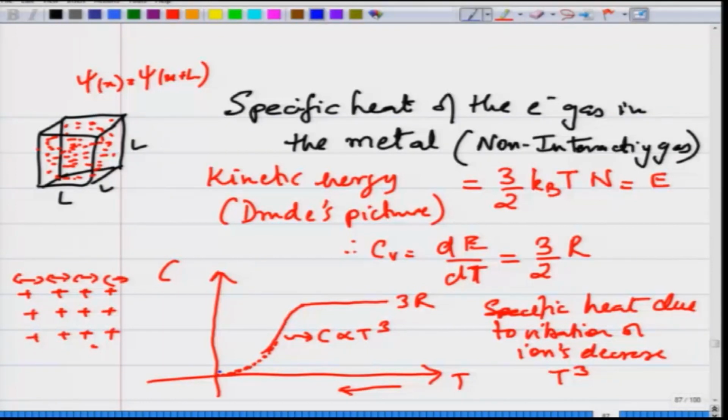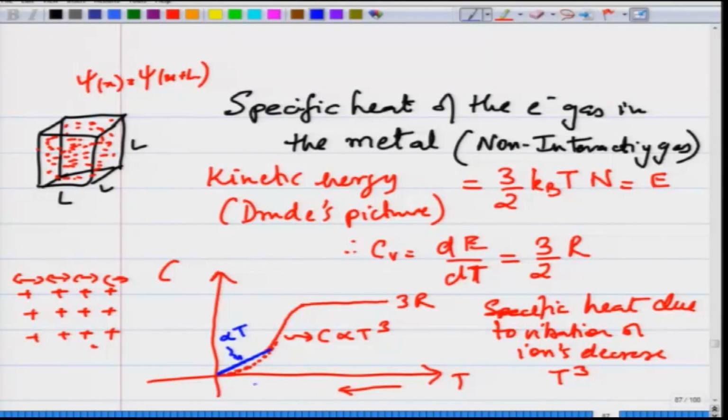But what you find is that below a certain temperature, the specific heat, instead of decaying and going to 0 as T cube, actually begins to change linearly.